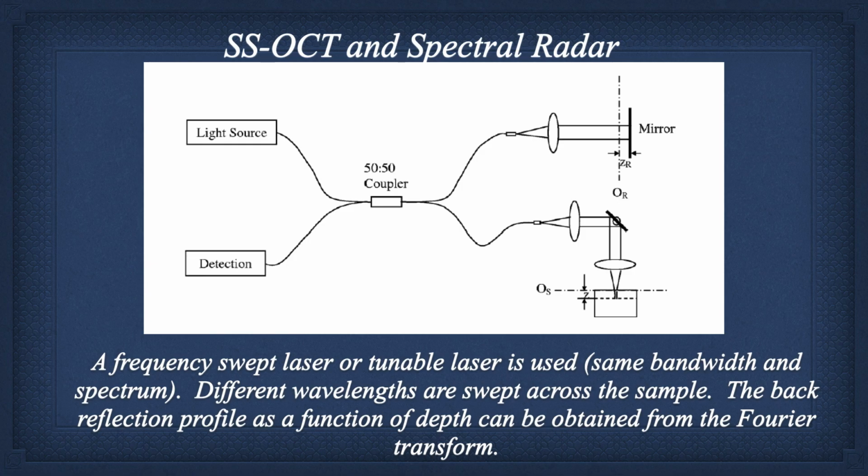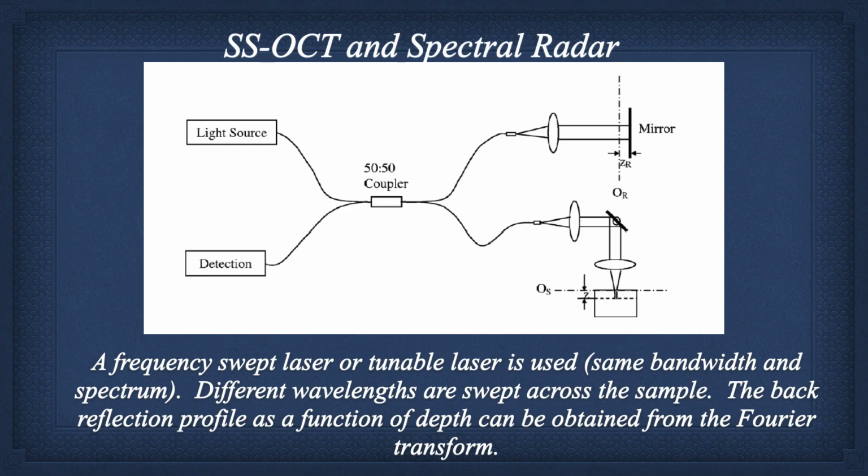Now you get interference, but you're getting the interference from everywhere. And what we're looking at is the frequency distribution within one A scan. Remember, a B scan is two-dimensional and an A scan is one scan. So it's the distribution of frequencies, all the back reflection coming back at once.